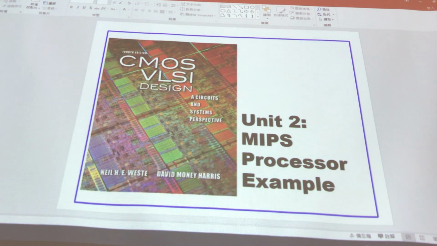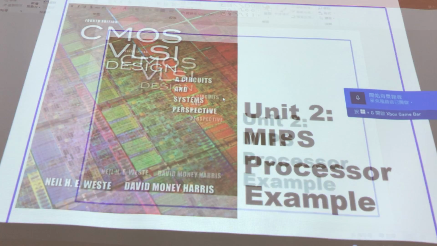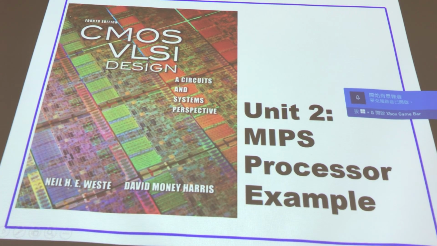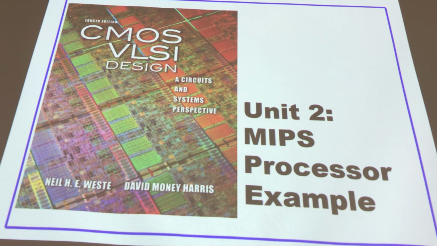Unit 2 actually is just an example design, which is a CPU. We want to look at, given that you're trying to design a CPU, what process you are going through, based on cell-based design.